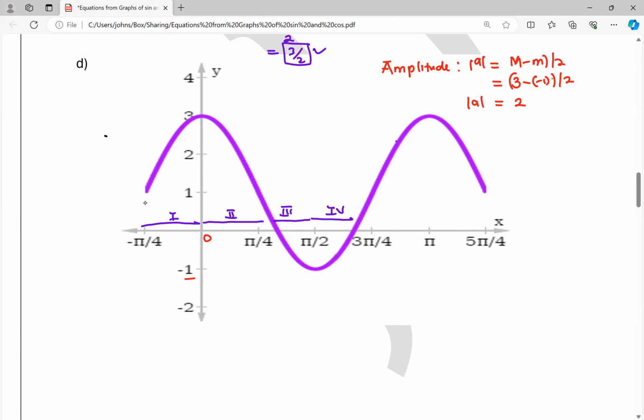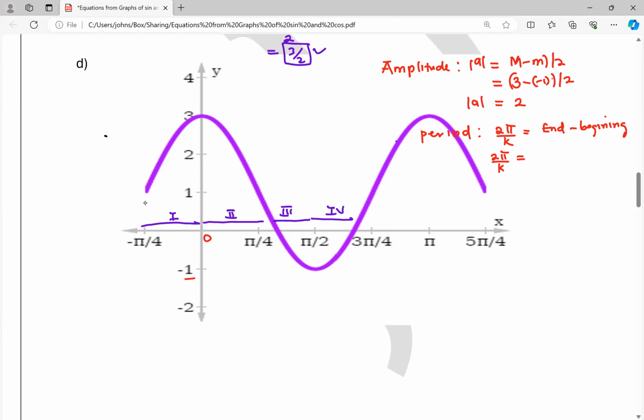Let's continue. Now, period. What is period is 2 pi over k is equals to end minus beginning. So what is the end?